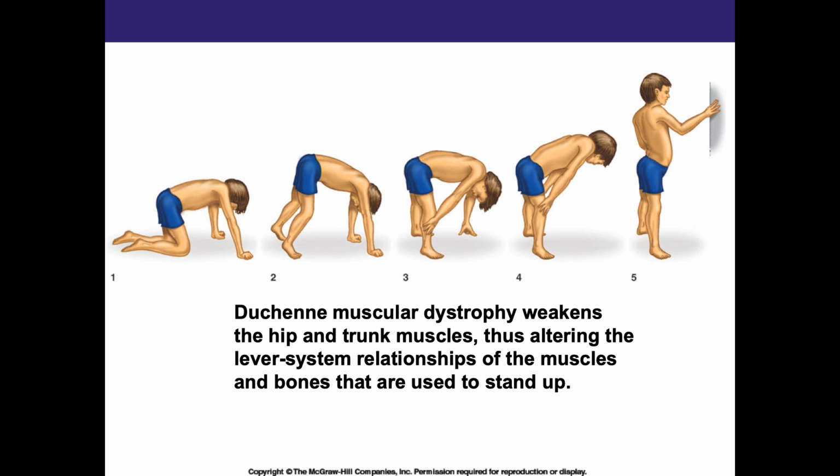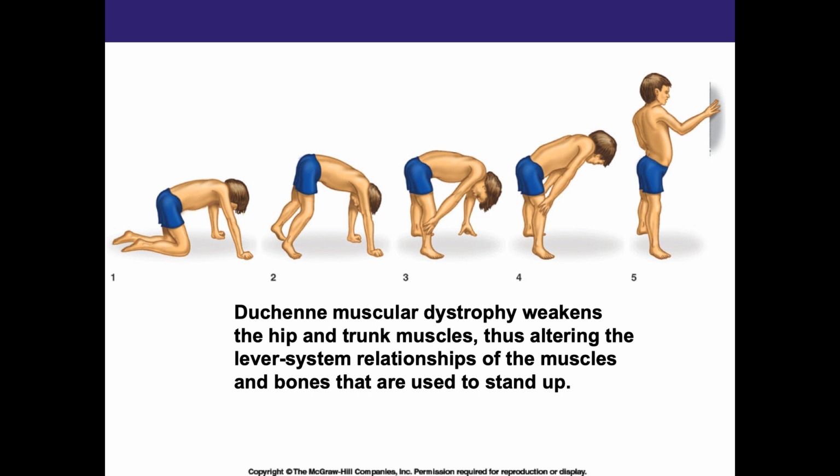And that actually really weakens the muscle. It weakens the muscles that are responsible for posture. It's a very signature symptom of Duchenne's. And there are some heart issues as well with this type of muscular dystrophy. It alters that lever system.